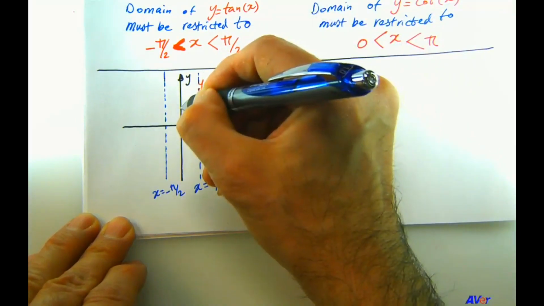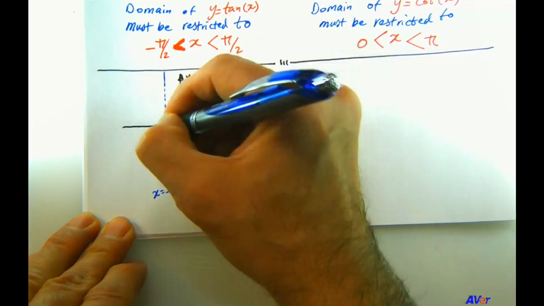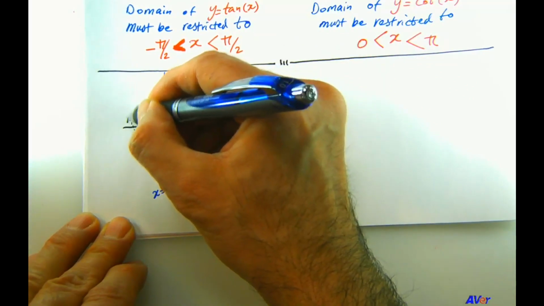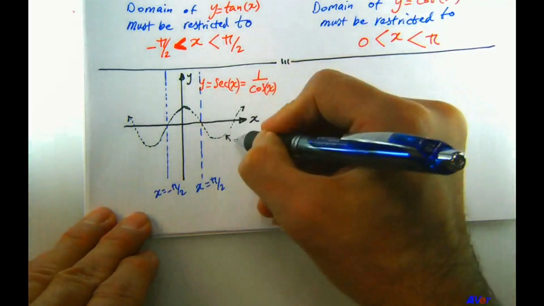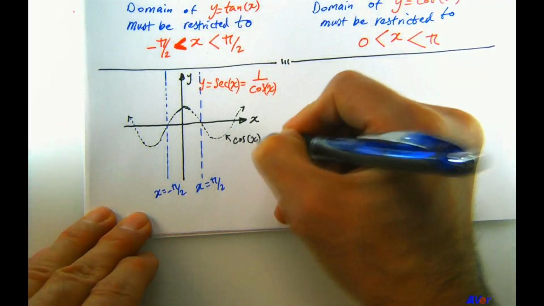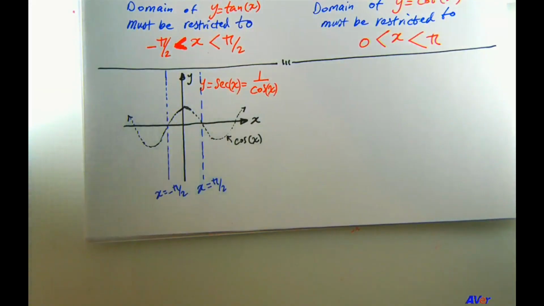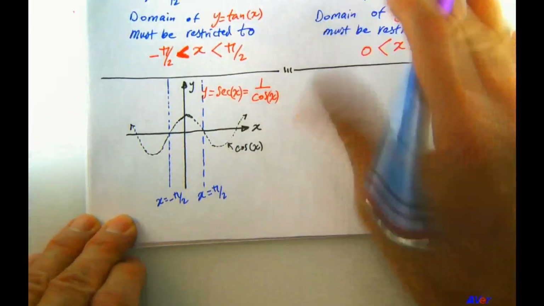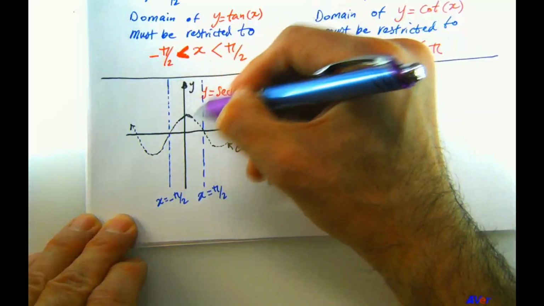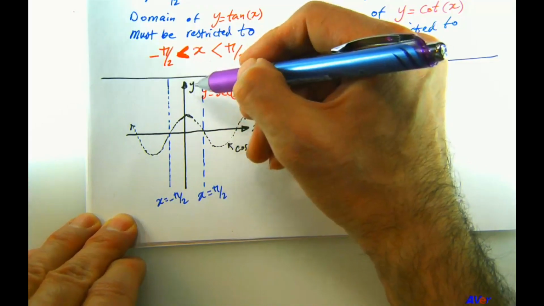On this side, it's going to do that, and it's going to do that, right? That's the cosine of x function. That's not secant. Now the secant, remember, it would go in between these two asymptotes, touching barely the top of the cosine and coming back up like that.